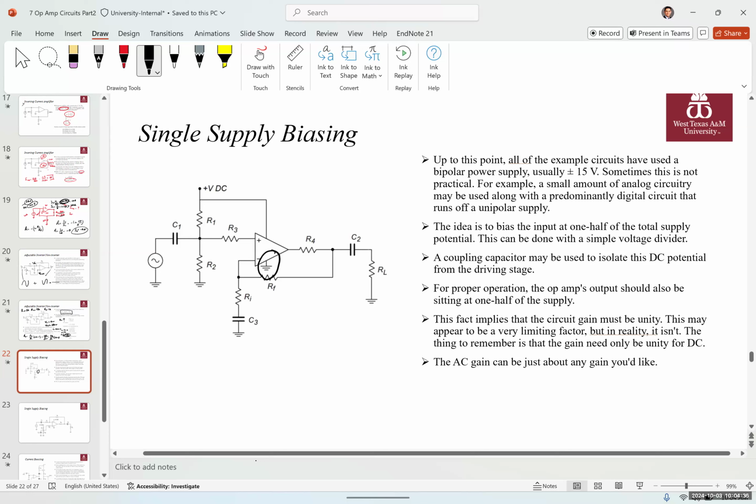In this case, you may think that because the DC voltage is connected between the supply and the input, it's going to create a unity gain, but it's not the case. Here, this is an AC amplifier, so the DC component is not going to have an effect on the system.